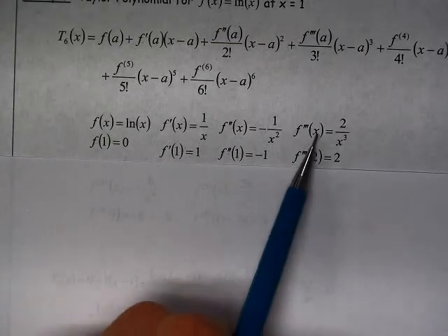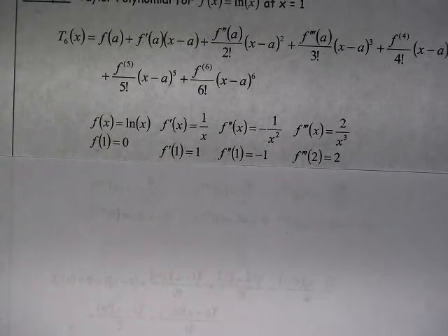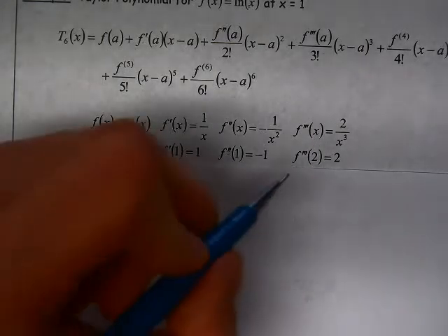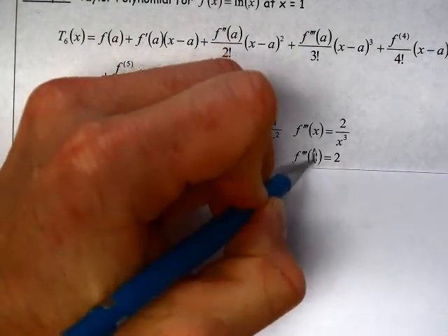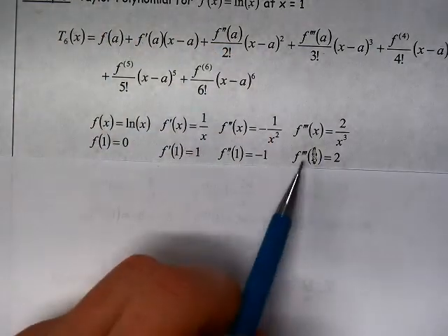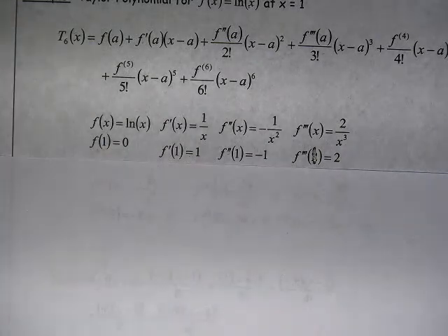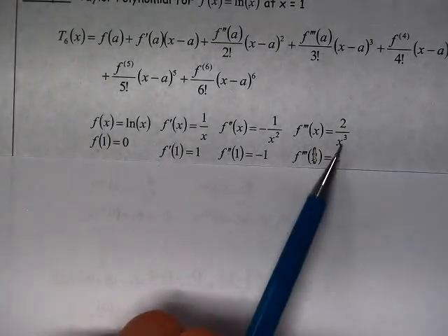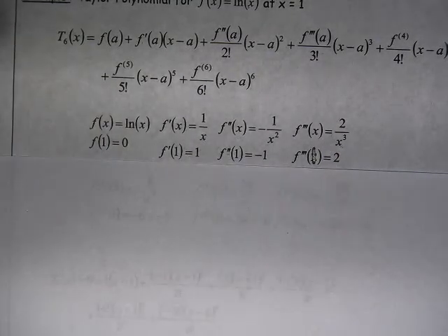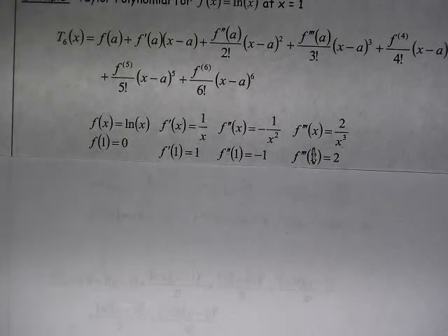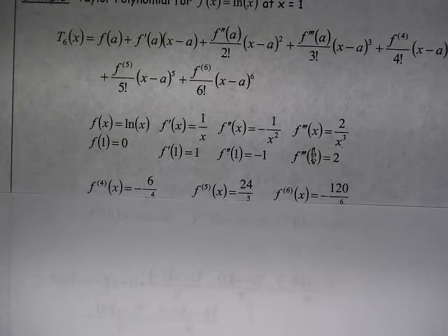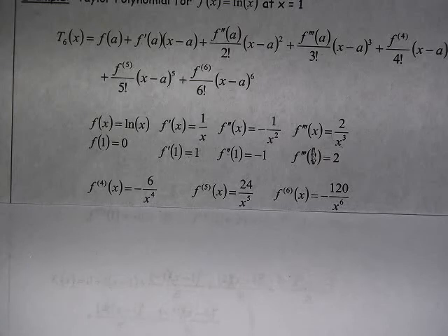All right, so again, I'm just plugging in. Sorry, I'll change this in the notes, but that's f triple prime of 1 equals 2. So I'm plugging 1 into this derivative and I'm getting 2. I need the fourth, fifth, and sixth derivatives, so here they are.